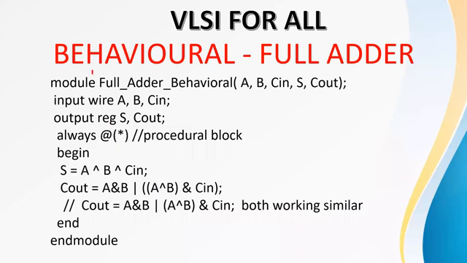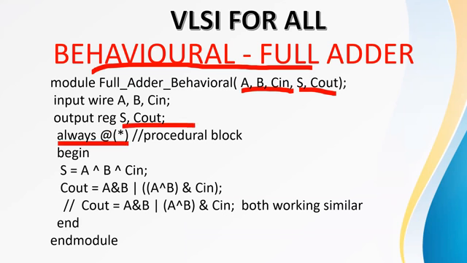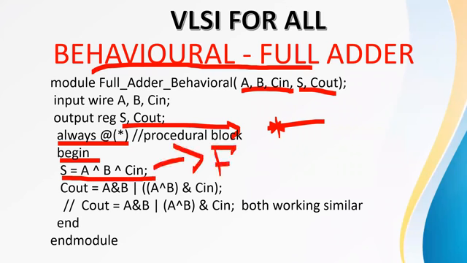Coming to the behavioral style of coding, the full adder. We have three inputs and two outputs, that is sum and carry. Always @(*). As I said before, when you don't know the sensitivity list, you can give a star. We are beginning, and then S is equal to A XOR B XOR C. We are defining the formula as per the circuit, as per the diagram.